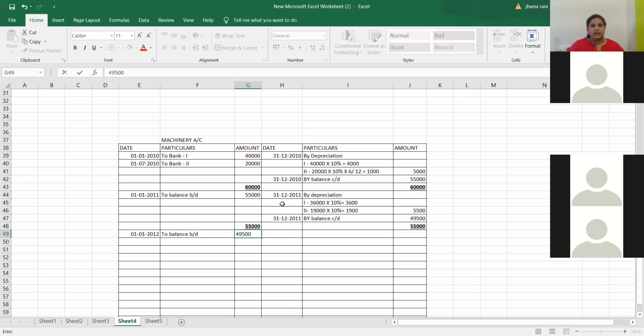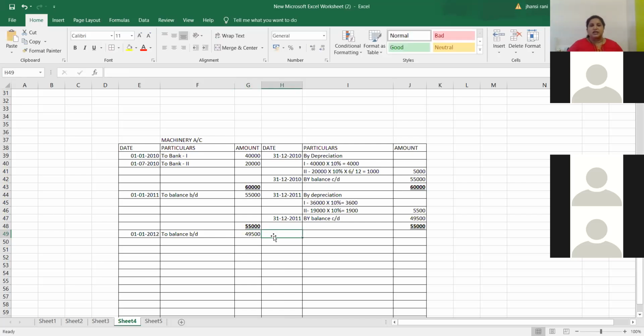But in October, before the year ending, we are selling the machine which was purchased on 1st January 2010. That first machine value is 40,000, and we are selling it for 25,000. So first we will sell the machine, find out whether we got profit or loss, and then go for the earlier machine depreciation and new machine depreciation.